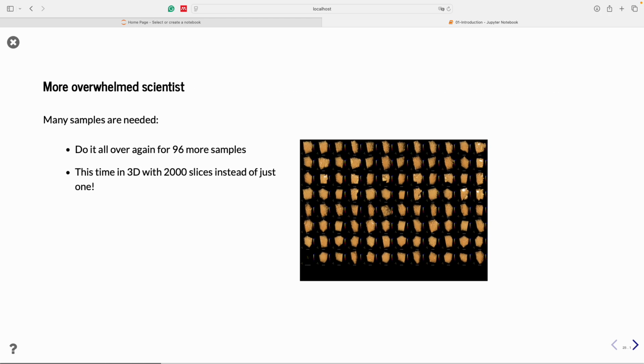But that was only one single slice of the bone image. Normally, when you look at this kind of data, you have volume data, and of course you want many, because you want to look at the statistical variation between different individuals. And in 3D, you get maybe 2,000 slices, so the data has grown really a lot.